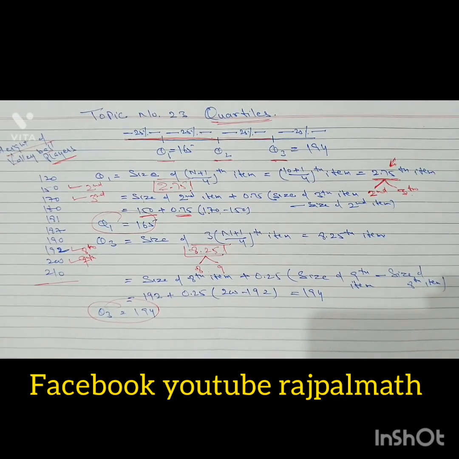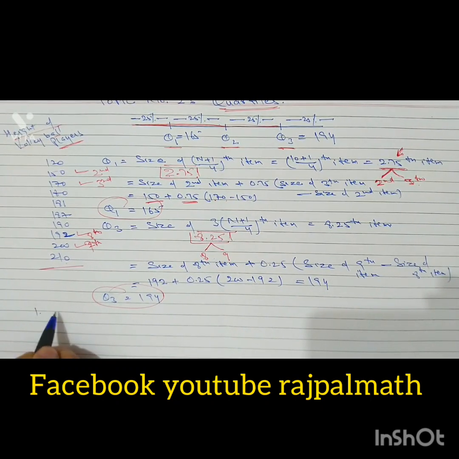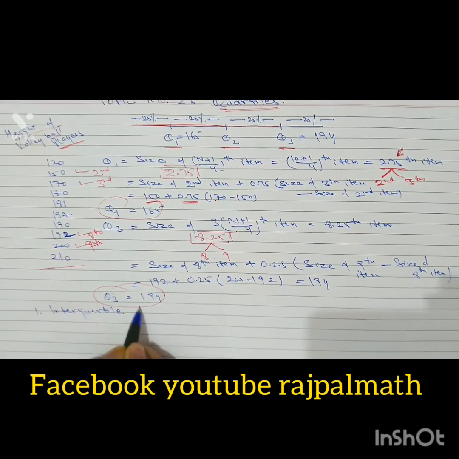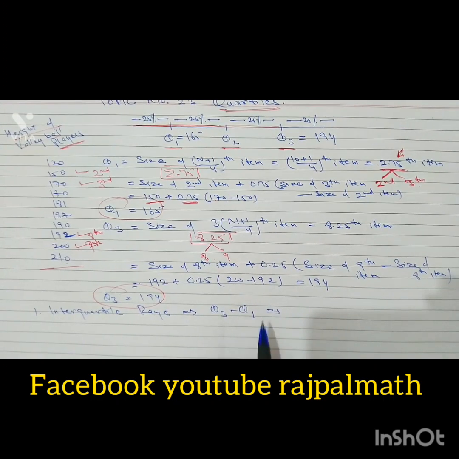Now calculate first the interquartile range. The formula is Q3 minus Q1. Q3 194 minus 165 equals 29.